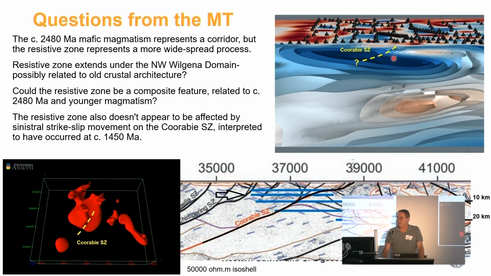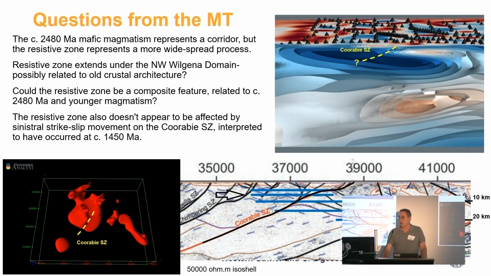This is what Stefan's alluded to. You can see this is the approximate trace of the Kurubi from the seismic. There's a question in this seismic line. We can see there's these old structures here coming down. It doesn't really cross this. So is this perhaps the controlling feature for this resistive zone? Is it something to do with the earlier crustal architecture?